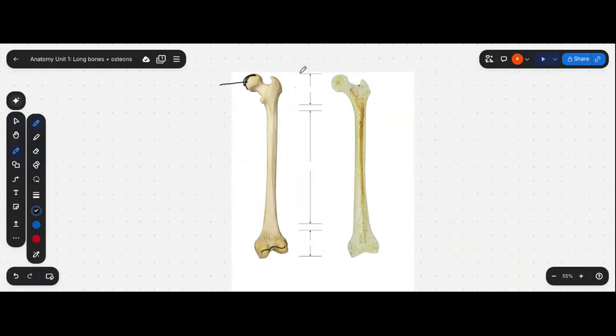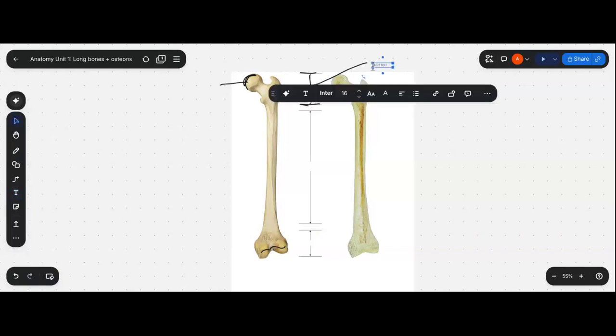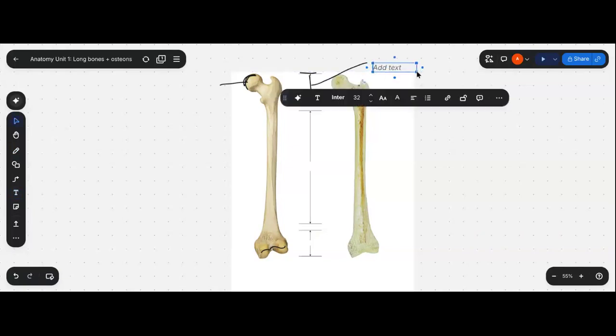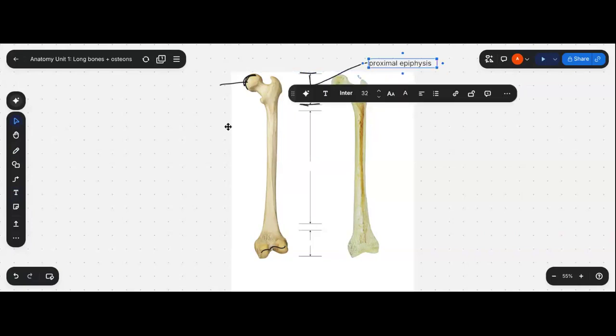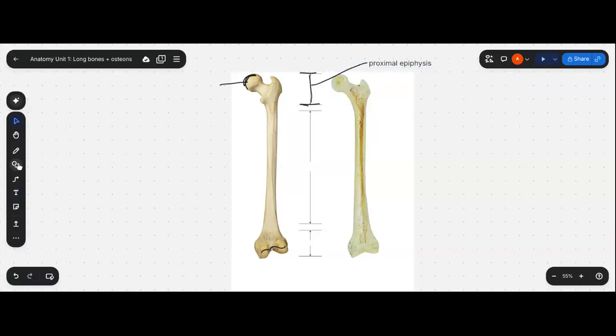You can see this in the diagram over here. This top part of the bone is going to be your proximal epiphysis. Then you have this longer shaft over here.